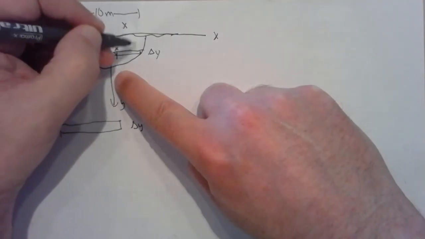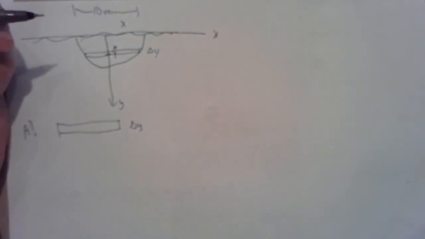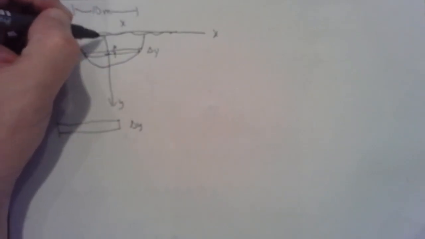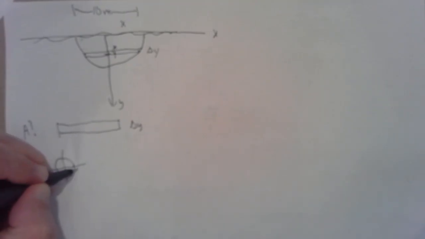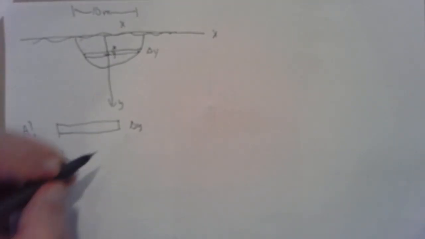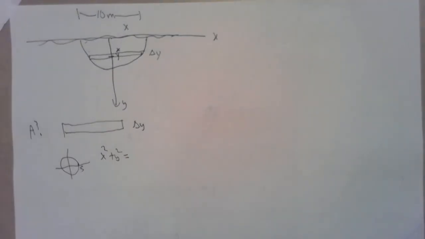We need to come up with an equation of this circle so that we know how big x is at some particular y. Well, if we just imagine a circle of radius 5, we know that has the formula x squared plus y squared equals r squared, 25.